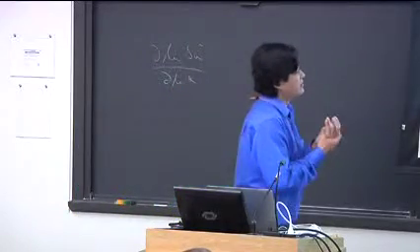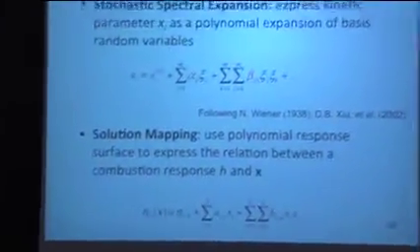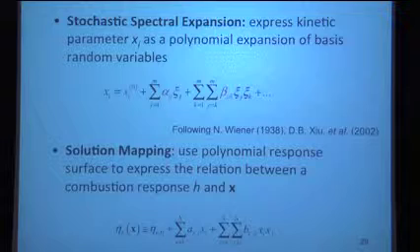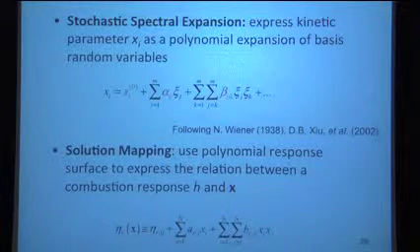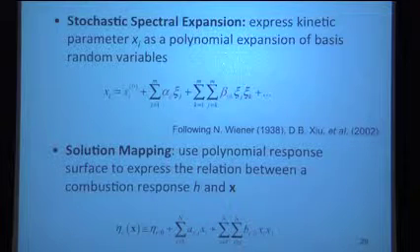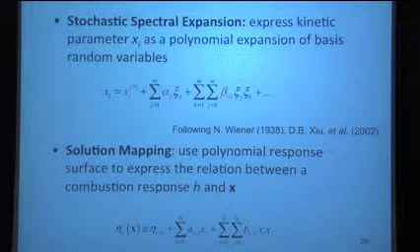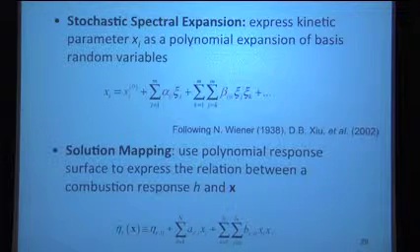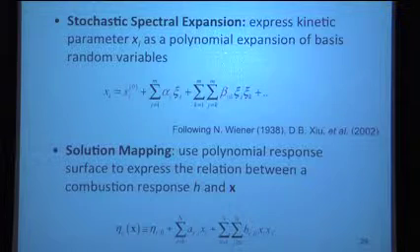Now, in the past, when I was young, when I was trying to get my reaction mechanism and the model right, I wanted to do sensitivity analysis. And once I did a sensitivity analysis, when I do some tuning of rate parameter, it's very tedious. That is, you change one rate parameter, you send the code to run, and say, what's my laminar flame speed now when I change my rate constant by a factor of 2?